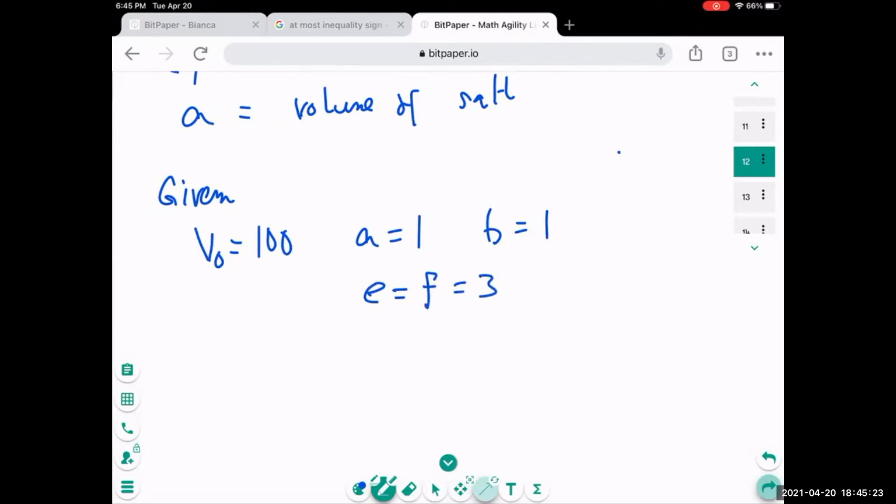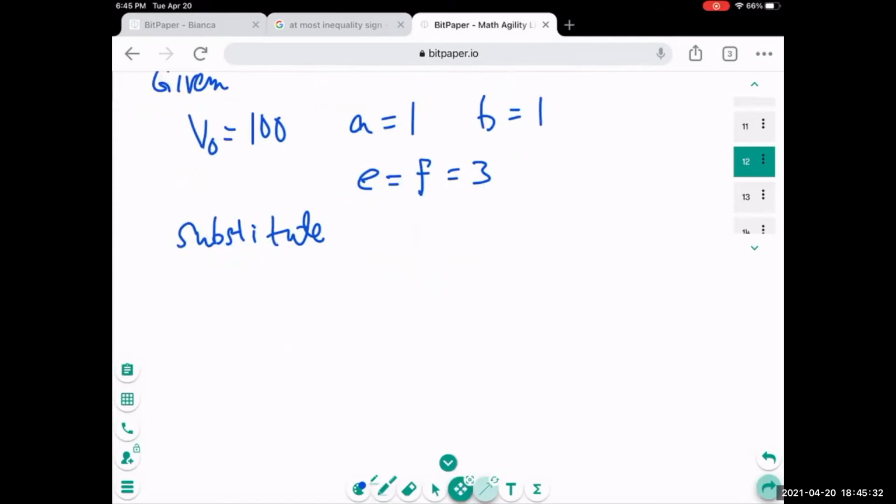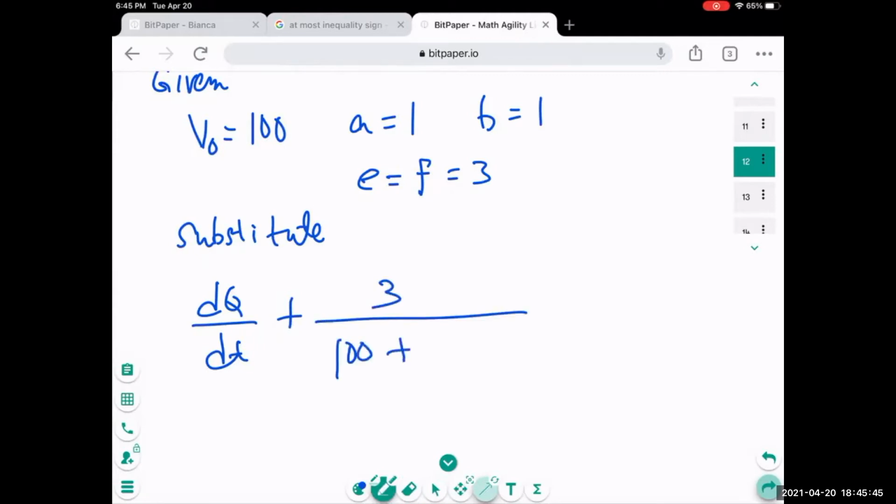So let's set up the equation and substitute the given values. So dq over dt plus 3 over 100 plus 3 minus 3 times t, and then q equals 3 times 1. So of course this would be 0.